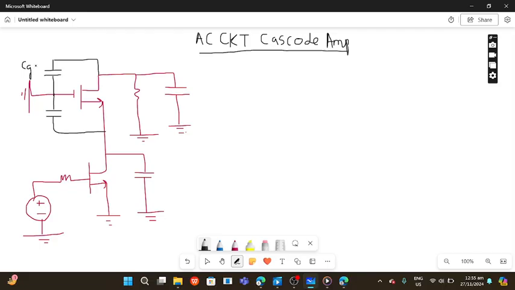We will name it CGS2 because it is our MOSFET 2. It is our MOSFET 1. CGS2. It is CGD2. It is your RL. It is your CL capacitor. It is named as CDB1.